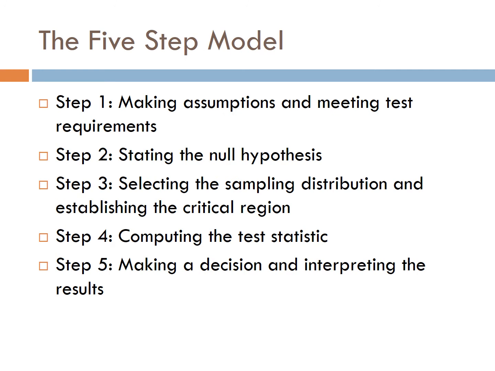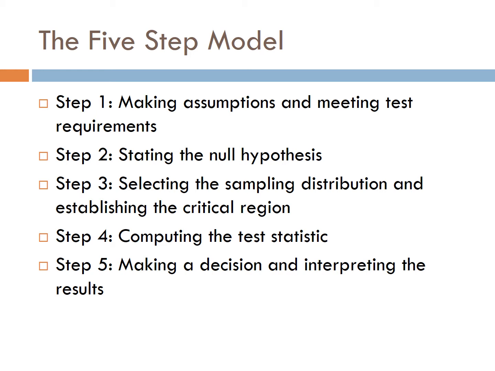So here is our friend the five-step model, and as I talked about in the chi-square lecture, you want to make sure that you know the 5 steps for the final research paper, and they also happen for the ANOVA. So there's a 5-step model for the chi-square, a 5-step model for the t-test, and a 5-step model for the ANOVA. Step 1, you make assumptions and meet test requirements.